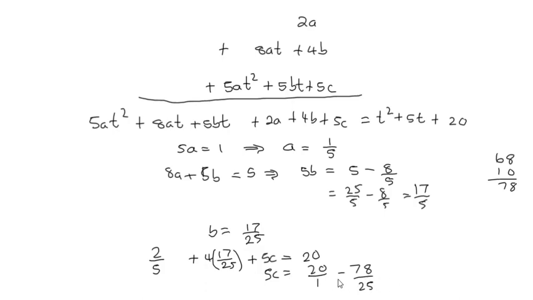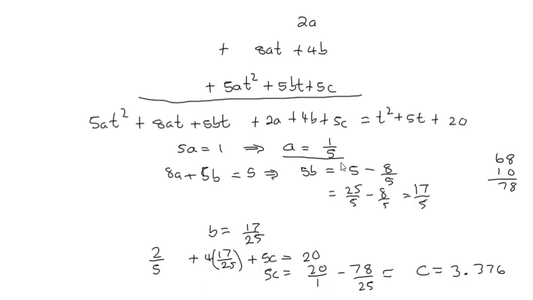And you can simplify this using a calculator. Let's see what it gives us. Simplifying this using a calculator, it gives us that C equals 3.376. So now we have got all our unknowns A, B, C.